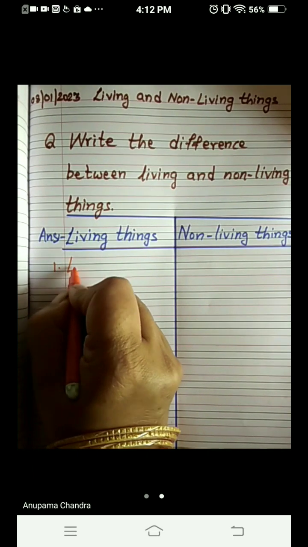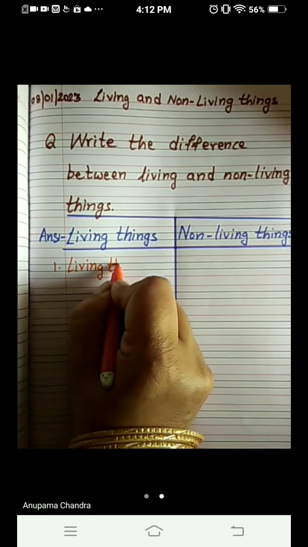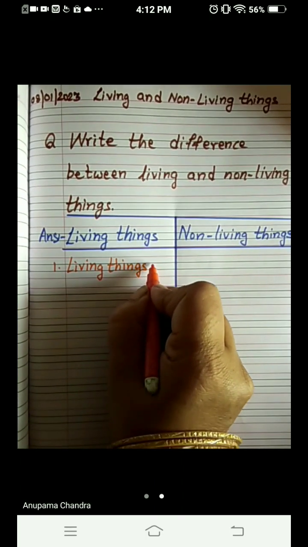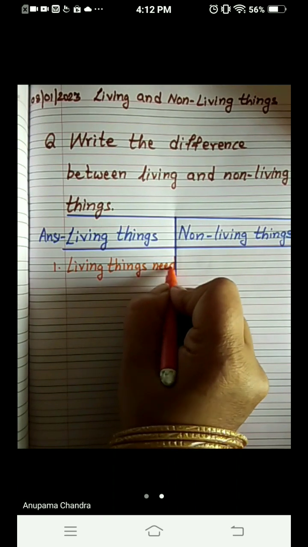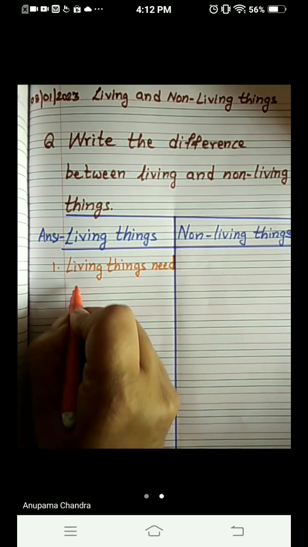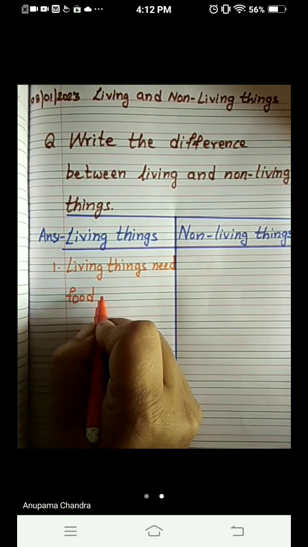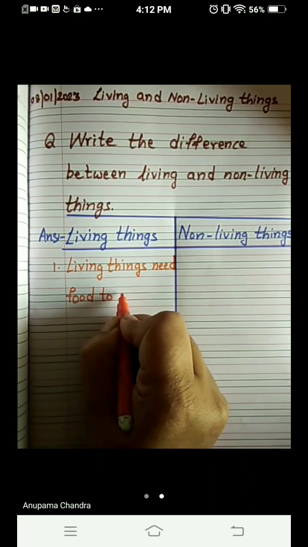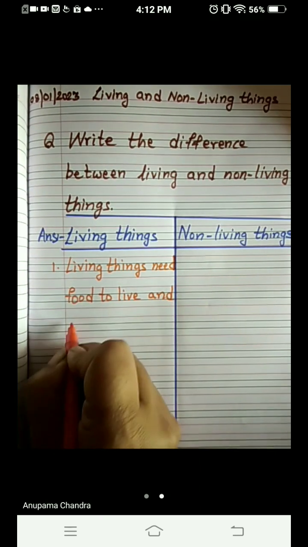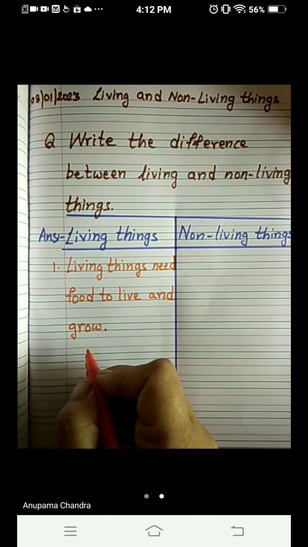Living things need food to live and grow. Full stop.